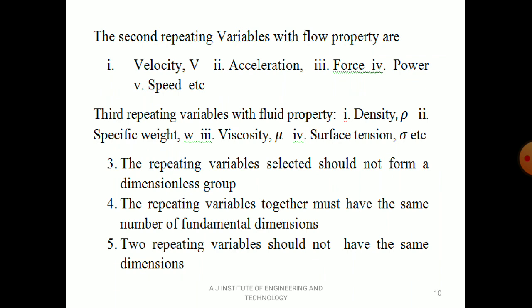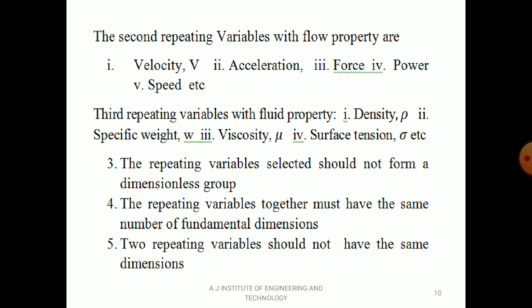We already discussed in module 1: density, specific weight, viscosity, surface tension, capillarity and so on. So we can select any one of the following: density, specific weight represented by small letter w, viscosity mu, surface tension sigma. So of the three repeating variables, the first corresponds to geometric, the second to flow, and the third to fluid property. That has to be taken care of.